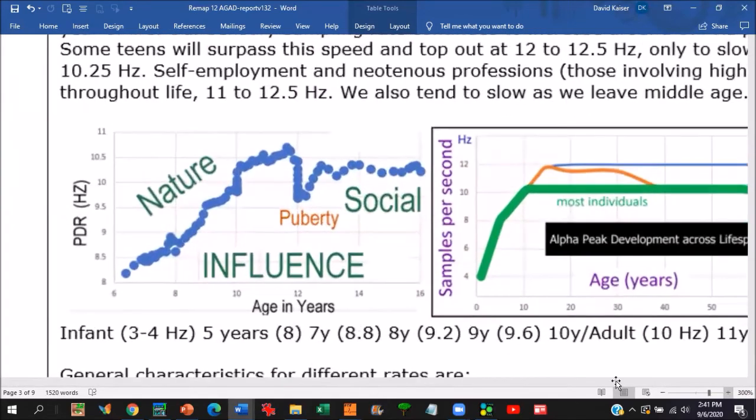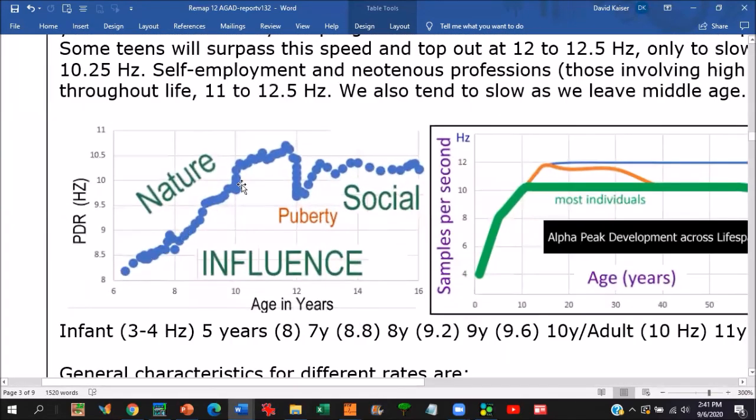It's been smoothed by someone, but these are real individuals. Here are our ages down here. We head towards about 10 frames a second, 10 and a quarter approximately, and we get there soon after age 10. We sometimes go faster than that for a while, and then there's a reduction back to the 10 and a quarter for most people.